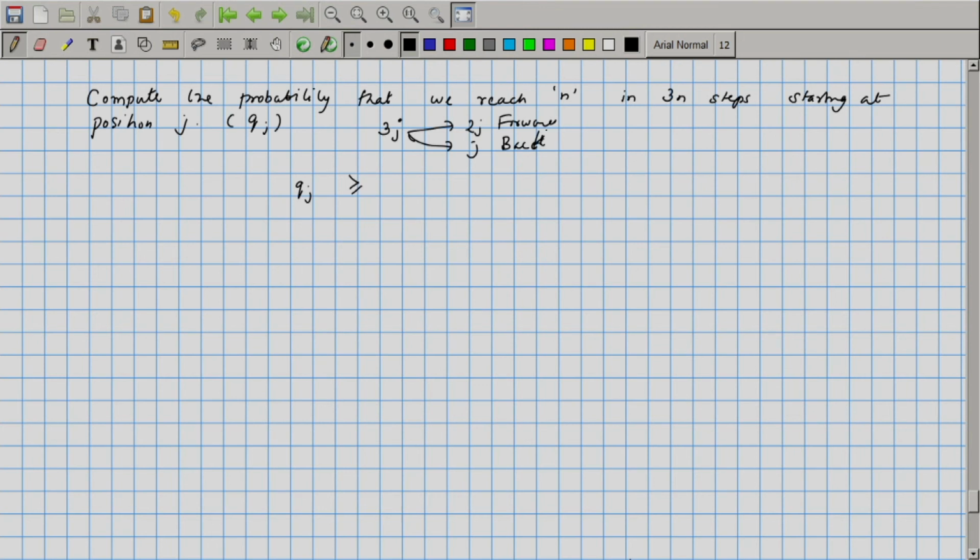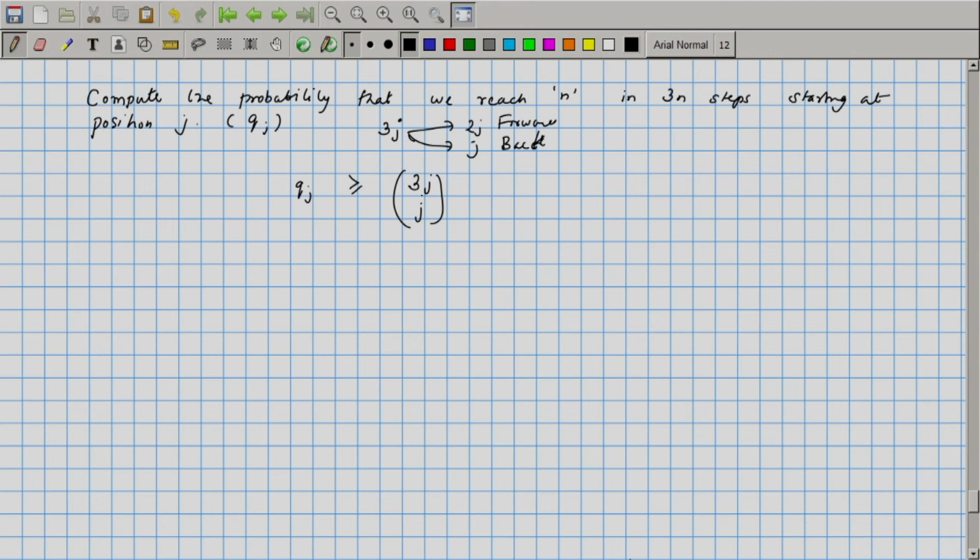Okay. So, let us just imagine the first 3j moves. As j is less than n, 3j is certainly less than 3n. Let us look at the first 3j moves. In the first 3j moves, what is the probability that 2j of the moves are forward and j moves are backward? Well, that is going to be 3j choose j. So, these are the moves chosen for the backward moves, and once the backward moves have been fixed, the forward moves are the remaining.